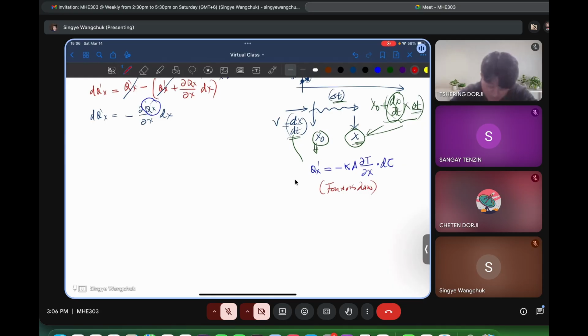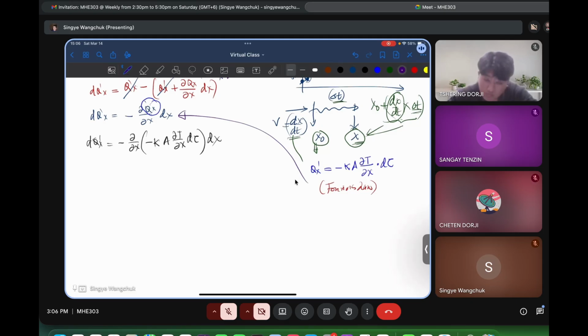So if you put this equation here, now what you will get? You will get dq' x equals minus ∂ by ∂x of minus k A ∂T by ∂x dτ upon dx. Any problem?